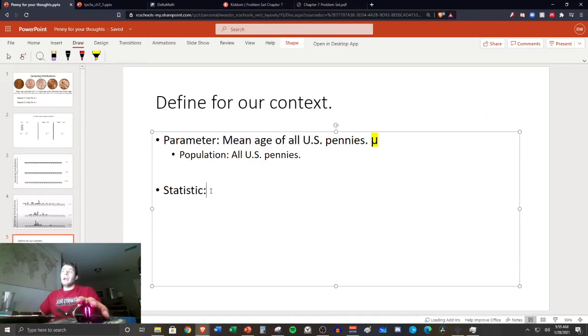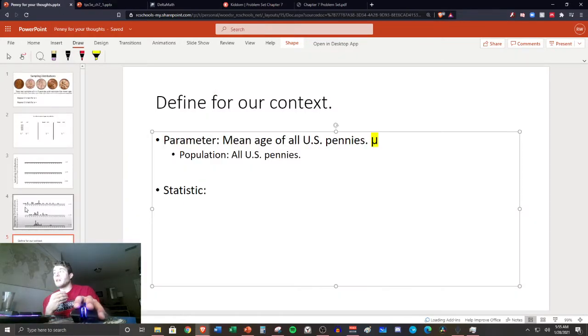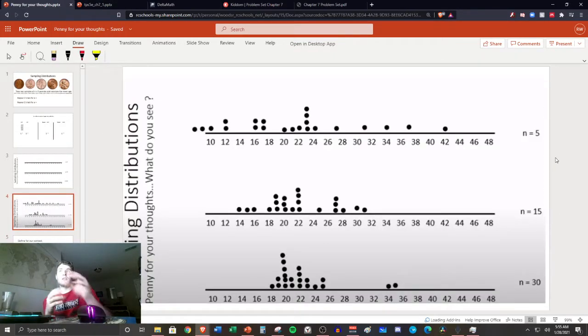So in order for us to answer this question, we had to create a statistic, right? Which is a value that describes a characteristic of a sample, okay? So what did we do with our sample? So everybody in class took these different sample sizes, size 5, size 15, size 30, and we calculated a value that represented that sample.